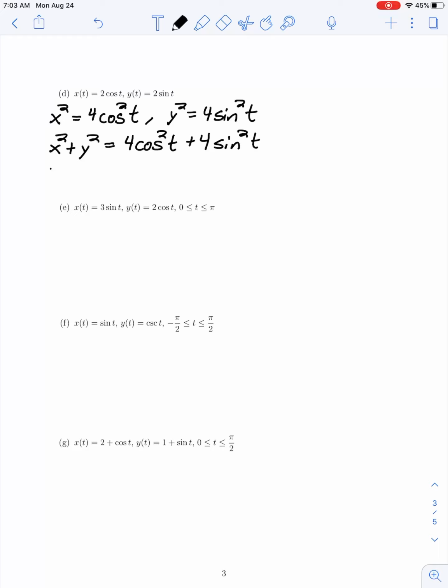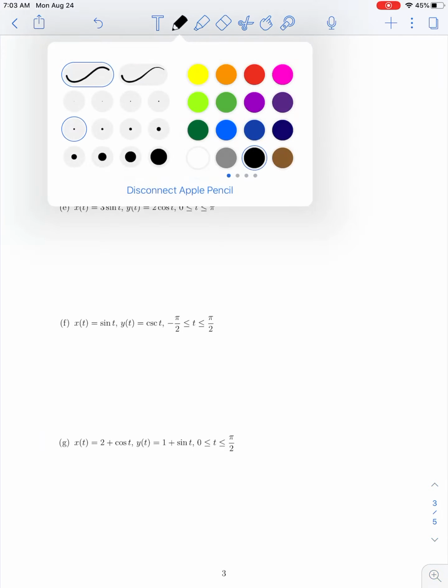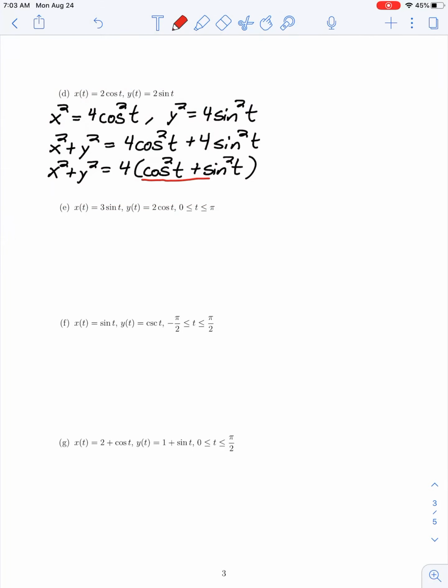So if we factor out a 4 on the right-hand side, we're left with the sum of cosine squared t and sine squared of t, but we recognize the sum of sine and cosine squared as being equal to 1. So what we're left with is the Cartesian or rectangular equation, x squared plus y squared is equal to 4.